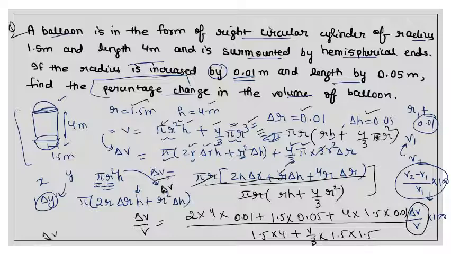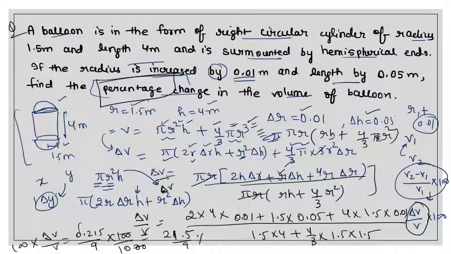So when you solve these, you will get your answer as 0.215 by 9. Now, because you have to find out the percentage error, just multiply this with 100. So it will become, if you cancel this, 21.5 by 9%.